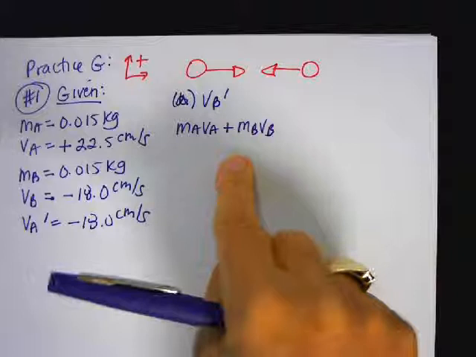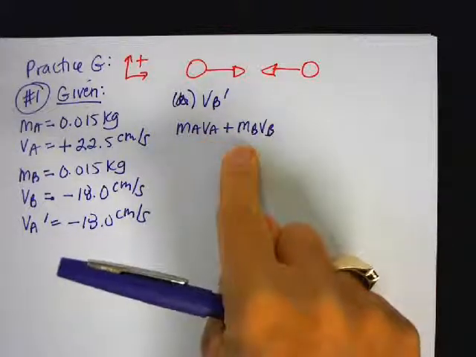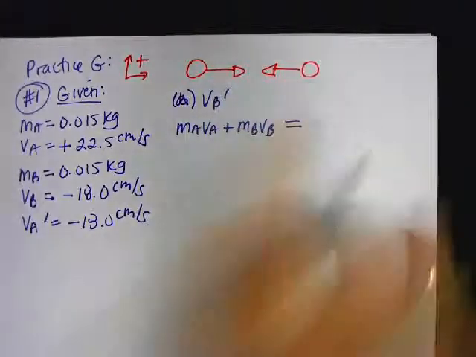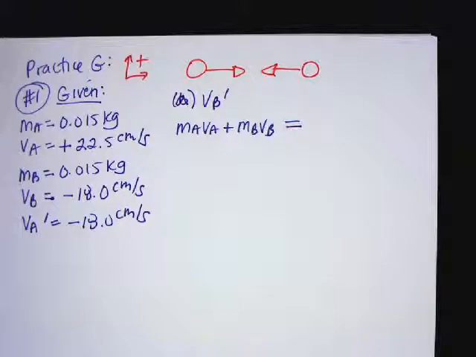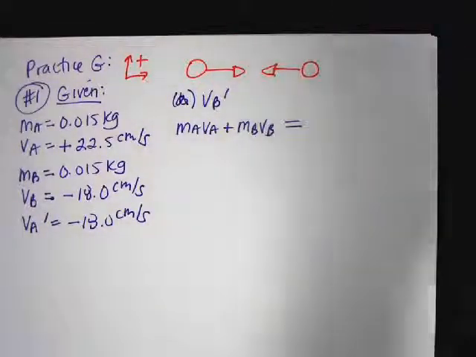This is the total momentum before, which is the sum of the momentum of A plus the momentum of B, is equal to. Now remember, the equal sign is like the event. So in this case, the equal sign is the collision. So the total momentum before is equal to the total momentum after.